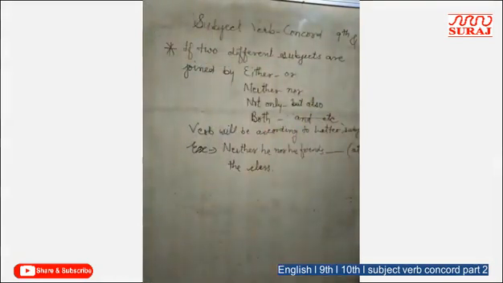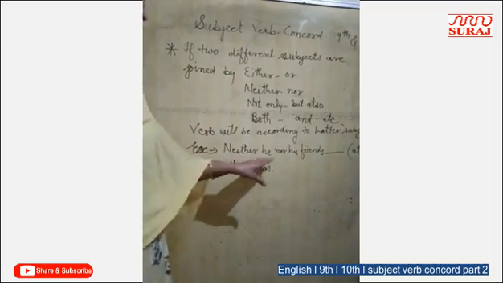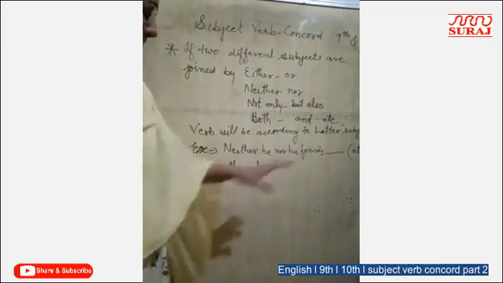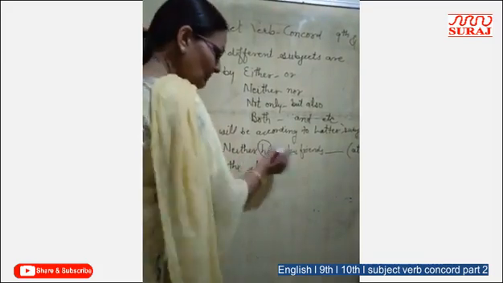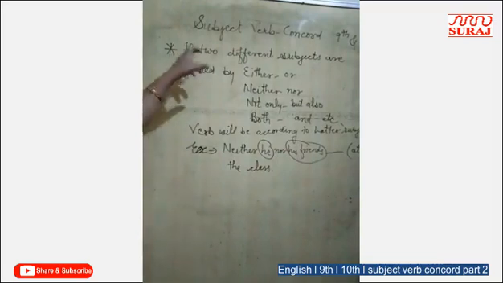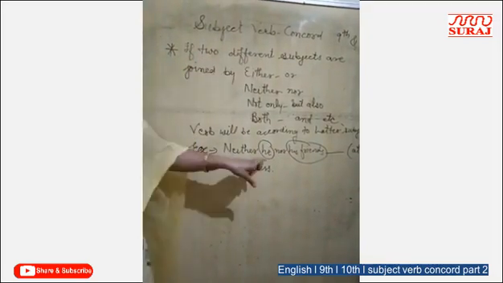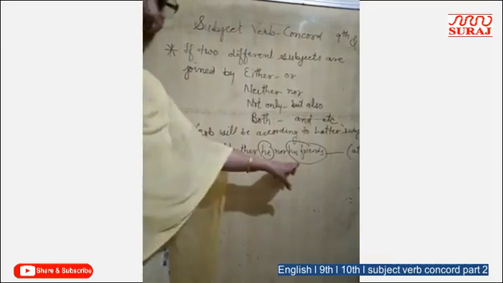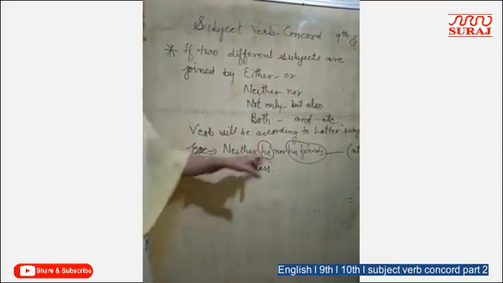We have attend as a verb. Now we have to fill here: neither he nor his friends, blank space, the class. He and his friends, there are two different subjects, and both the subjects are joined by neither nor.